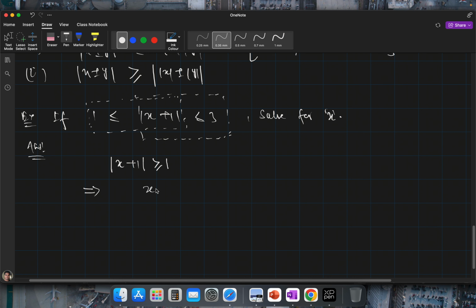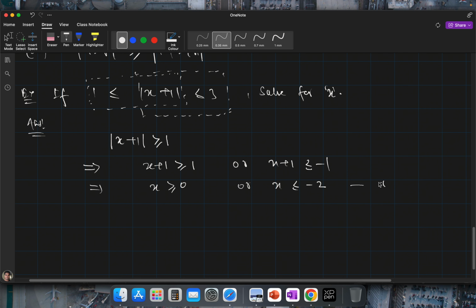I can write x plus 1 is greater than or equal to 1, or x plus 1 less than or equal to minus 1, right? So here I will get x must be greater than or equal to 0, or x must be less than or equal to minus 2. This is the first solution set. Now the second inequality, mod of x plus 1 is less than 3.